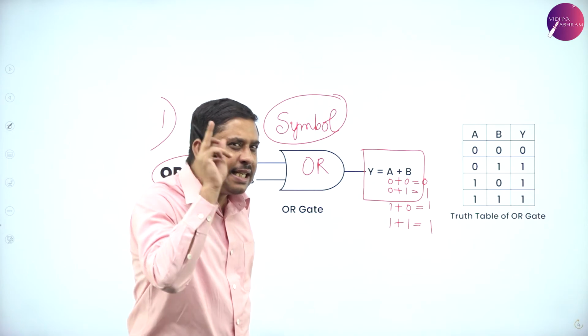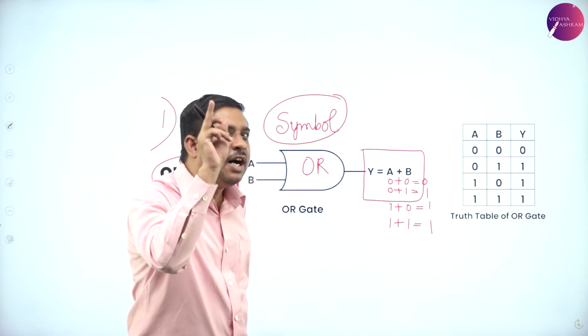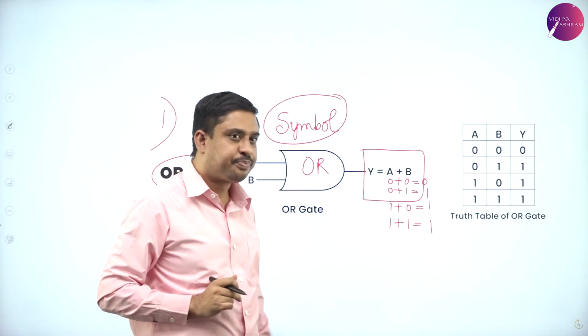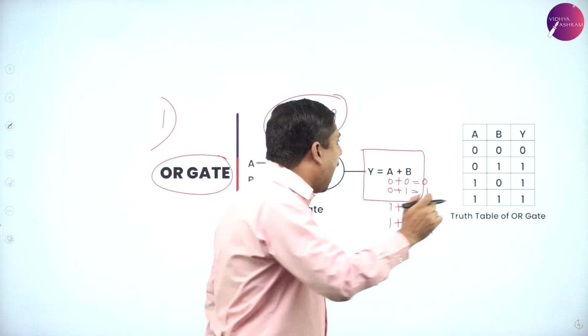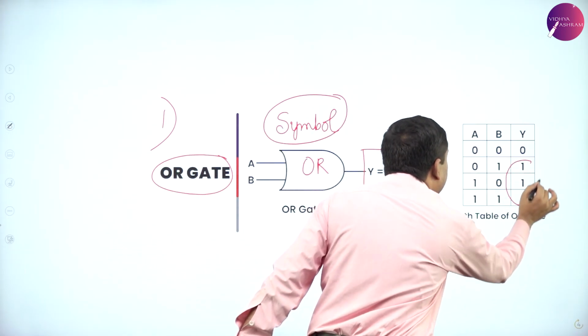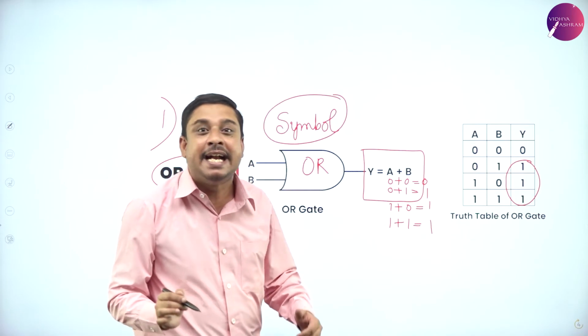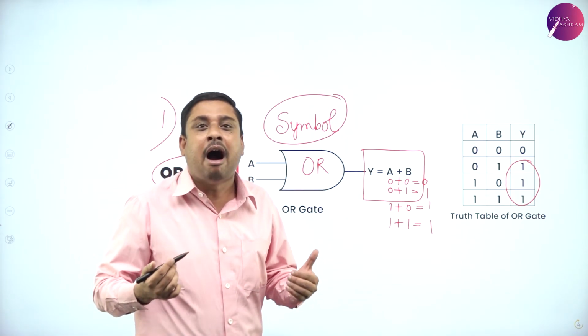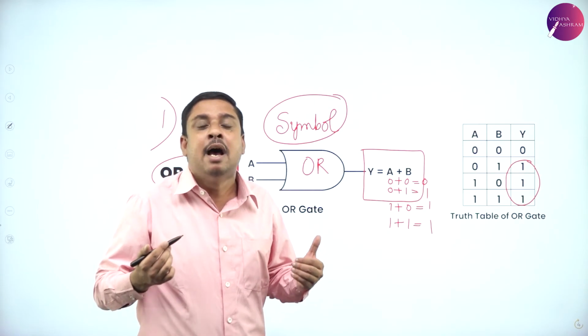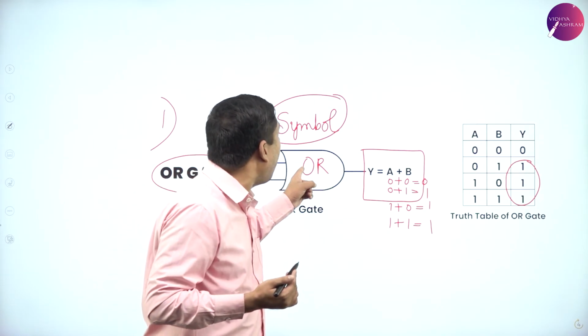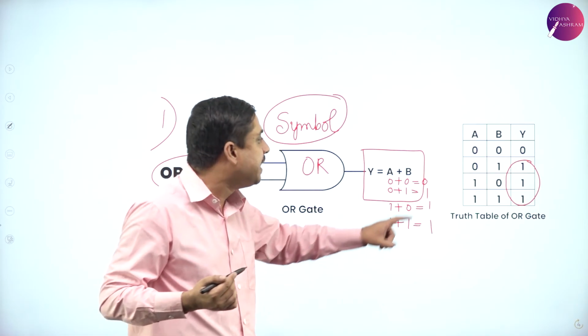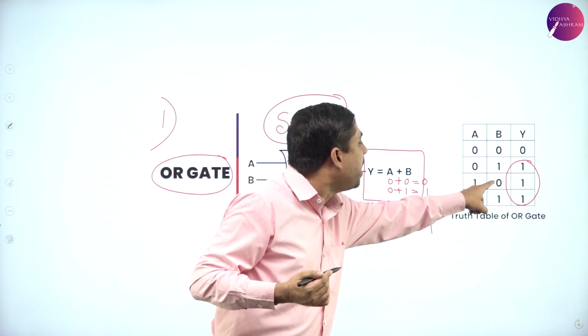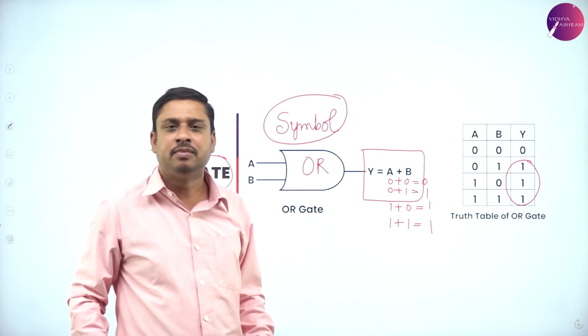If you keenly observe the table, you get a high output for the OR gate when any one of the inputs is high.